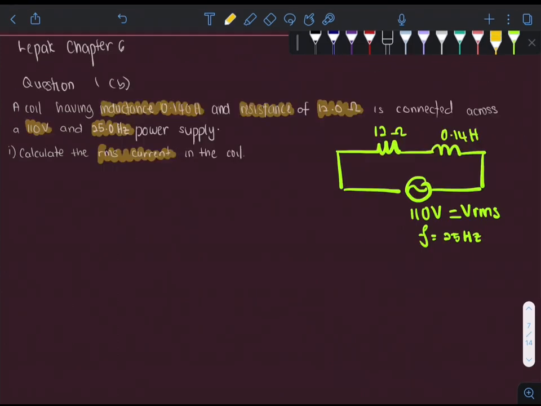Okay, to answer the first question, which is the RMS current, we must first identify the type of circuit. We have noticed that in this circuit we have a resistor and inductor connected.